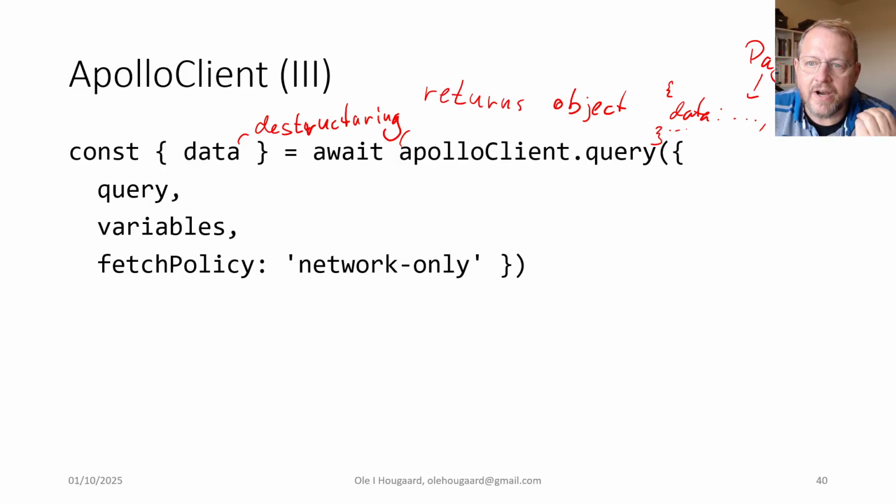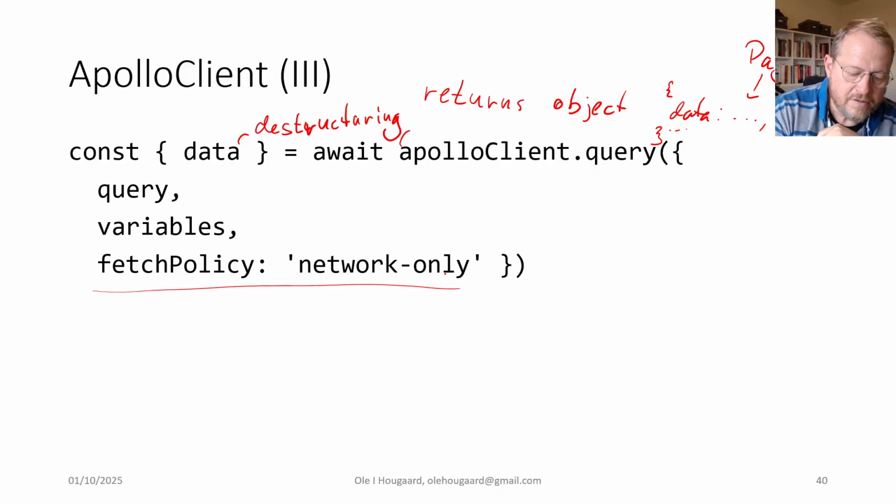I give it the query, the variables, but I also give it a fetch policy, because you saw I was using a cache. If I don't give it a fetch policy, it's doing the default and it's caching. I don't know how aggressively, to be honest. I thought in my particular case, where you have a game that's changing all the time, I didn't actually want any caching. So that's network only.